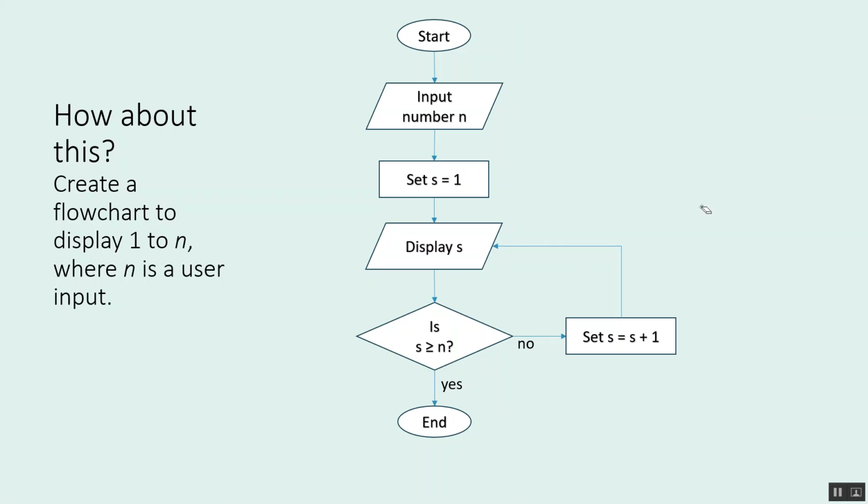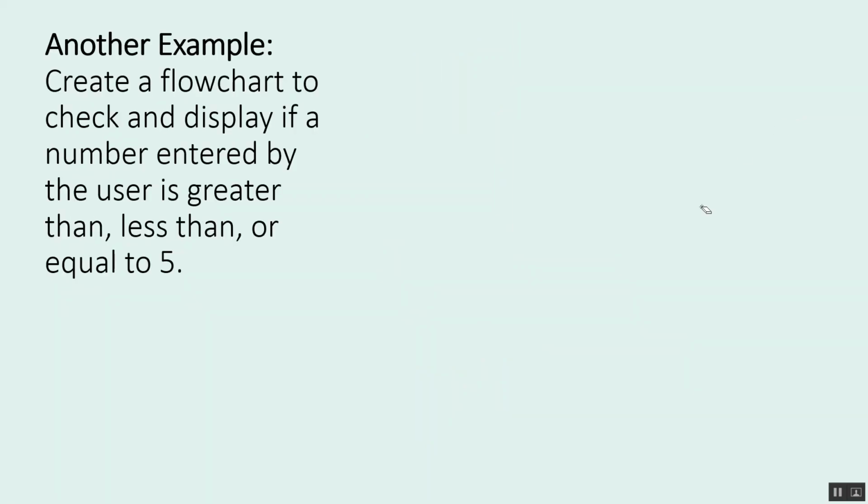So going back to our presentation, we have another flowchart example. Create a flowchart to check and display if a number entered by the user is greater than, less than, or equal to 5. Now, if we're going to make this flowchart, we will need multiple decision shapes, multiple diamonds.